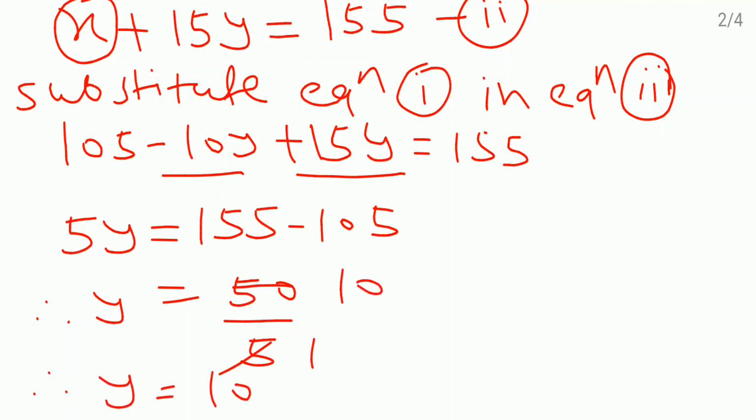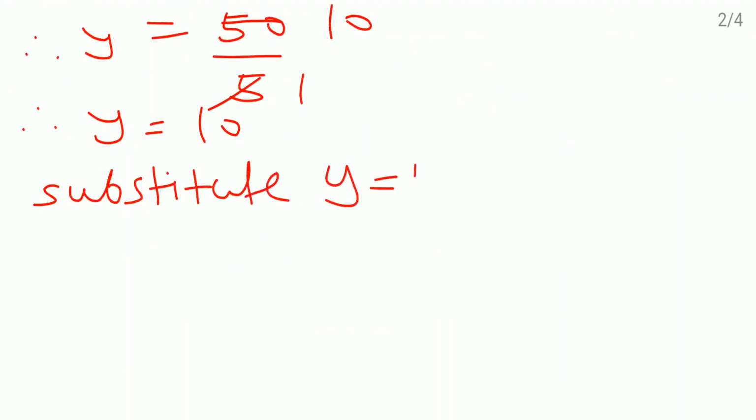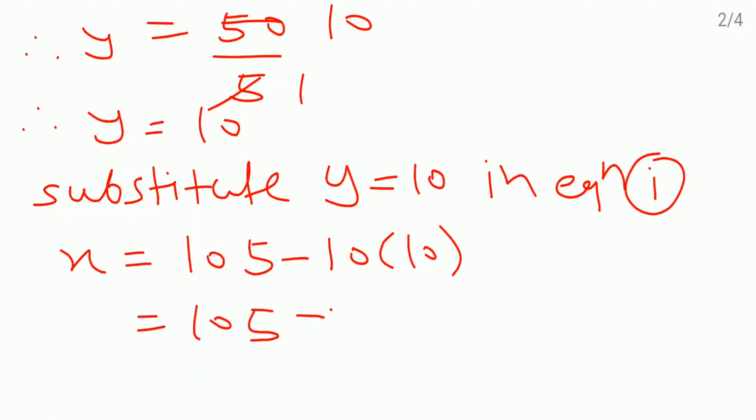Correct? Now this value of Y, I will substitute in equation 1. So substitute Y equal to 10 in equation 1. What is equation 1? X is equal to 105 minus 10Y. So 10 into 10, 105 minus 100, we got 5.